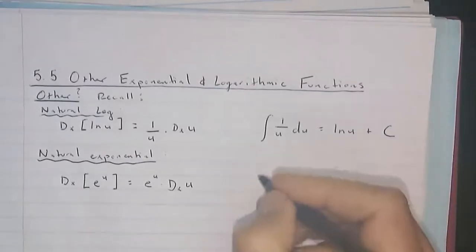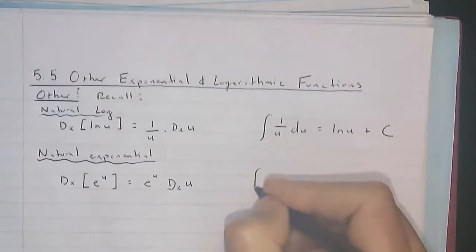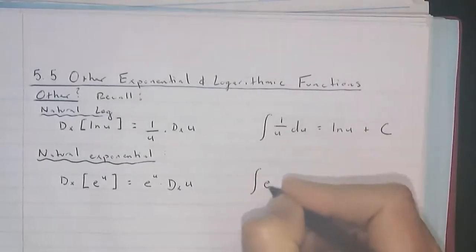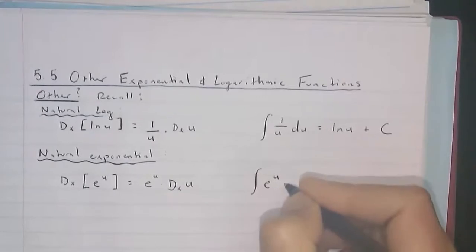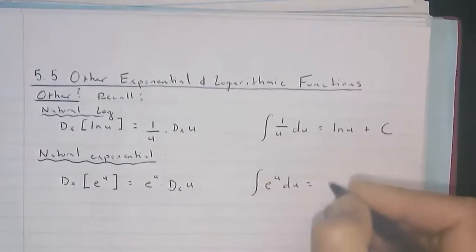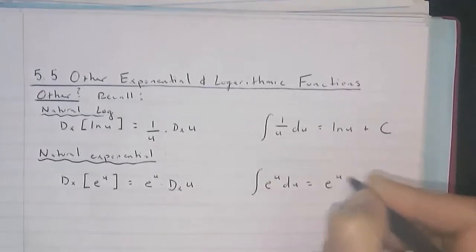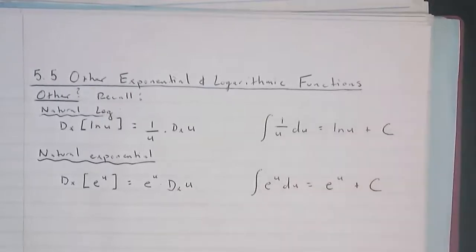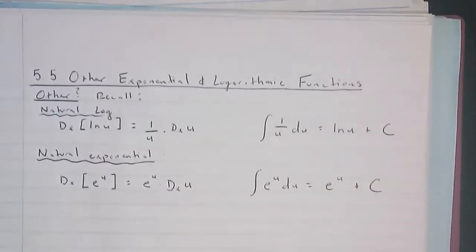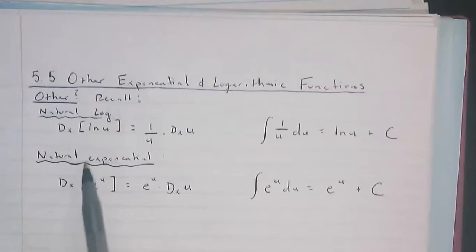And so the other way down the street tells us that if we're integrating the natural exponential function, we get back the natural exponential function. And these are nice and pretty simple, and they make us feel good.